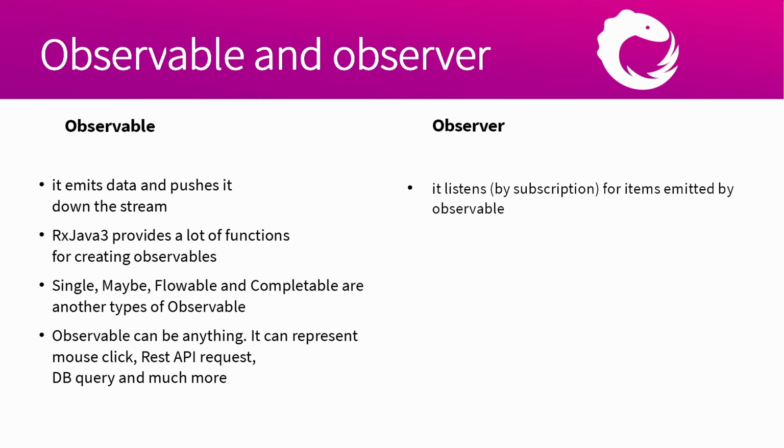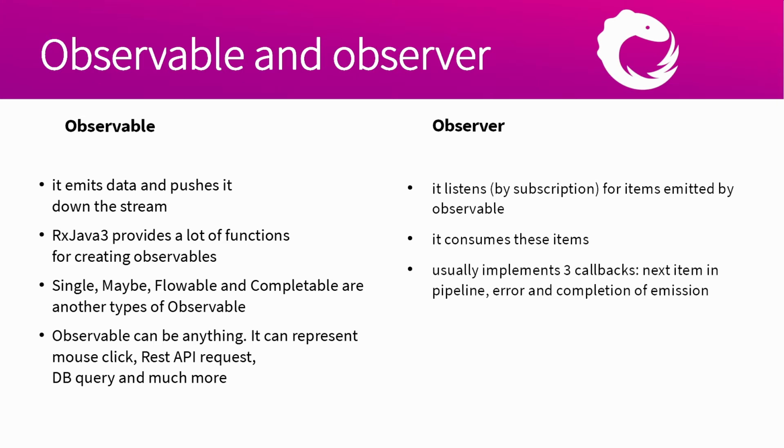As I already mentioned, it listens by subscription for items emitted by observable, and of course it consumes these items. It usually implements 3 callbacks, so we are listening for the next item in the pipeline, for some error, because of course it can occur, and for completion of the emission of items from observable.